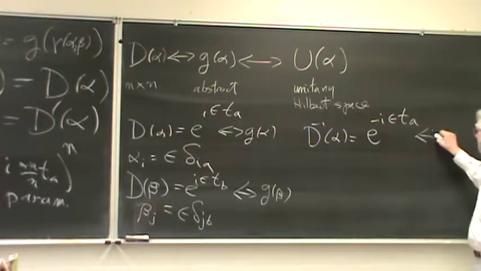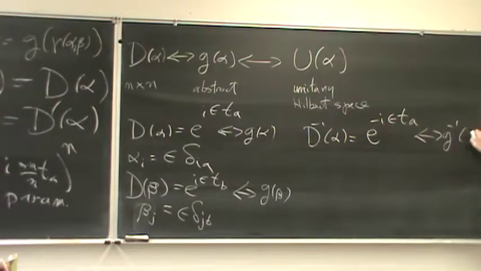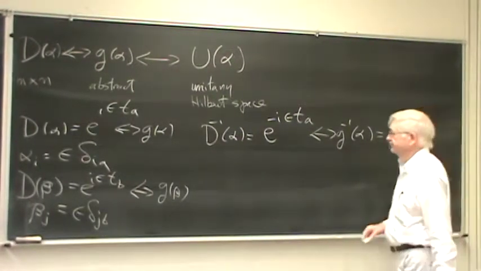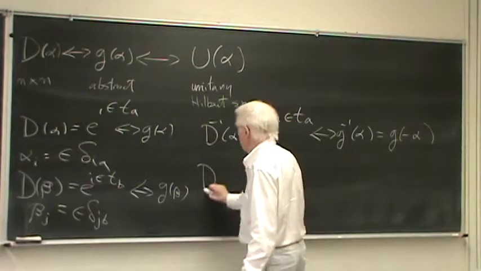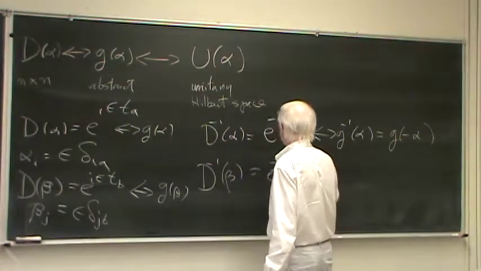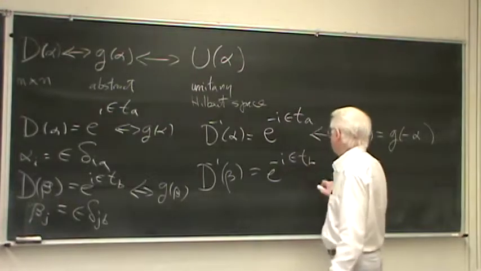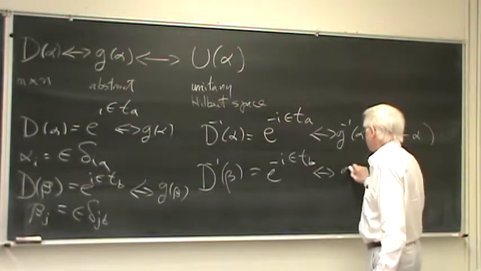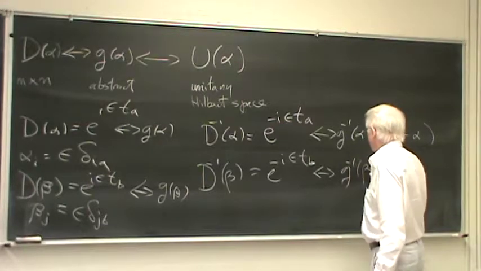And this corresponds to G inverse of alpha, which is also G of minus alpha. And also we would have G inverse of beta, which would be e to the minus i epsilon T_B. And that corresponds to G inverse of beta.